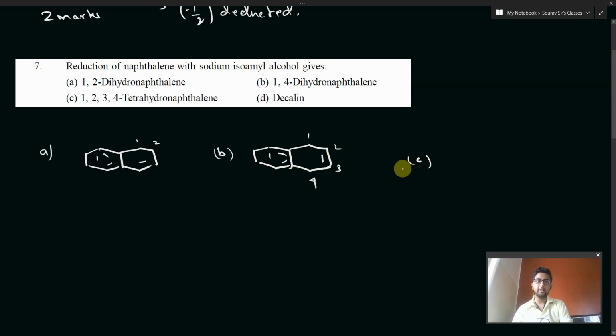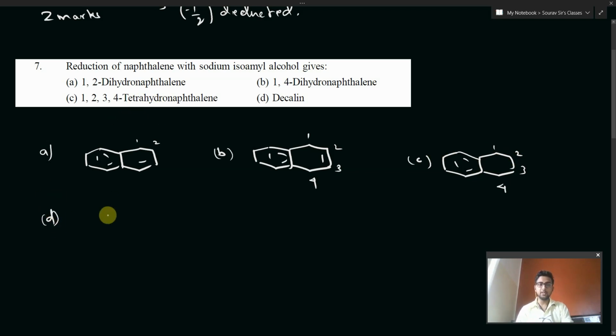Then in option C we have 1,2,3,4-tetrahydronaphthalene. All of the carbons in this ring, except for the ones attached to the other ring, are sp3 hybridized and saturated. Therefore the two double bonds are reduced by four hydrogens, and the name is 1,2,3,4-tetrahydronaphthalene.